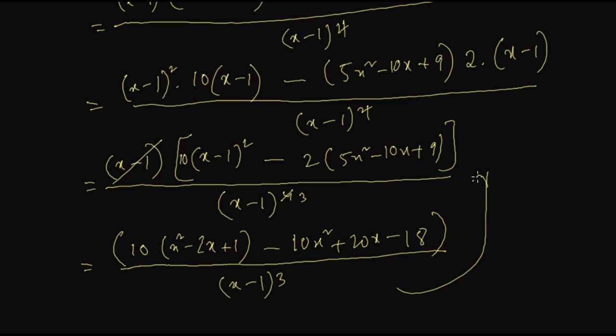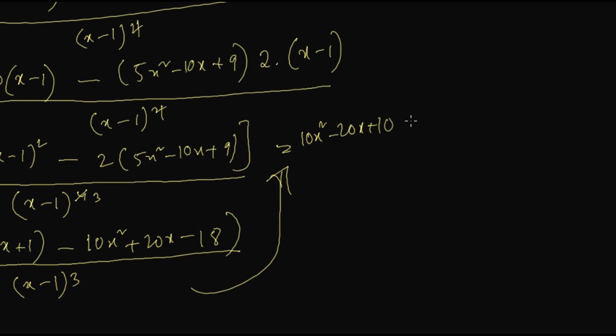So what we get here is 10x squared minus 20x plus 10. So 10 into x is 10x squared minus 20x plus 10, and what we get here is minus 10x squared plus 20x minus 10, divided by x minus 1 whole cubed.